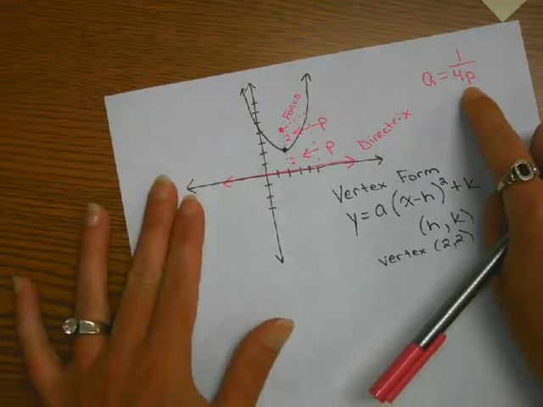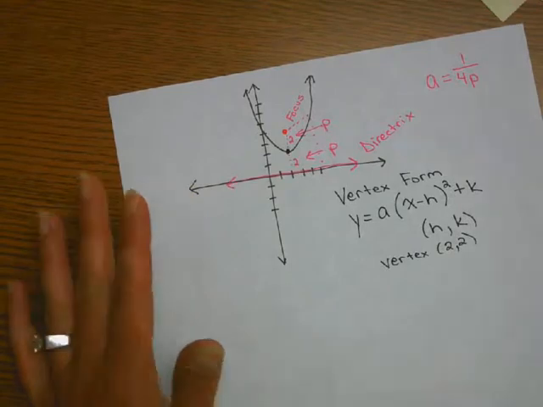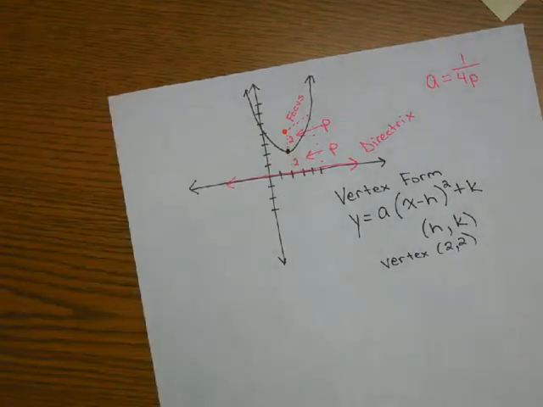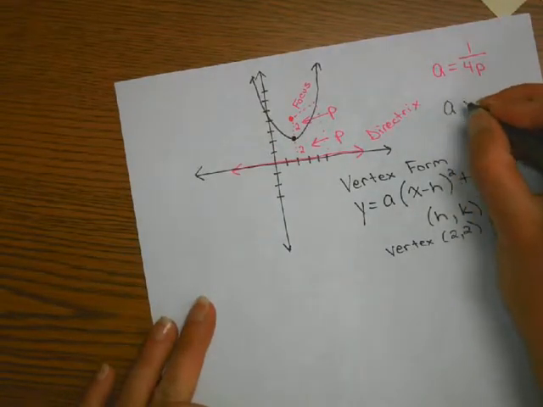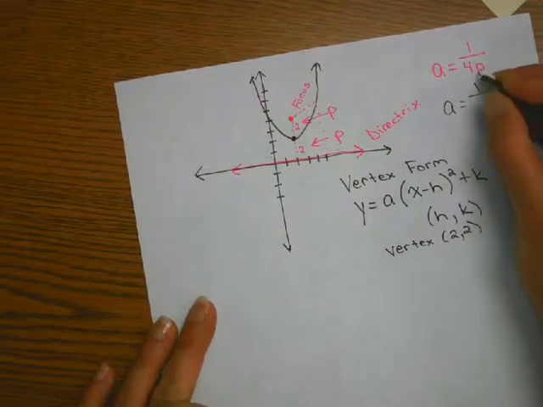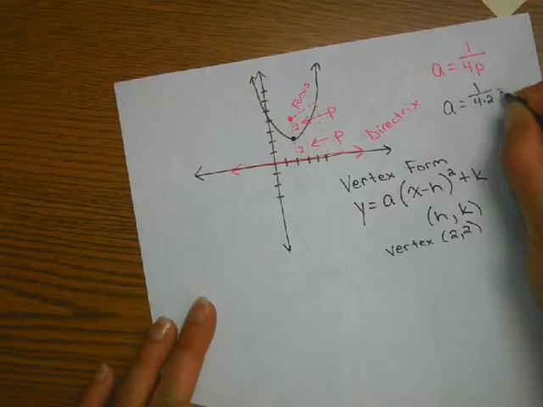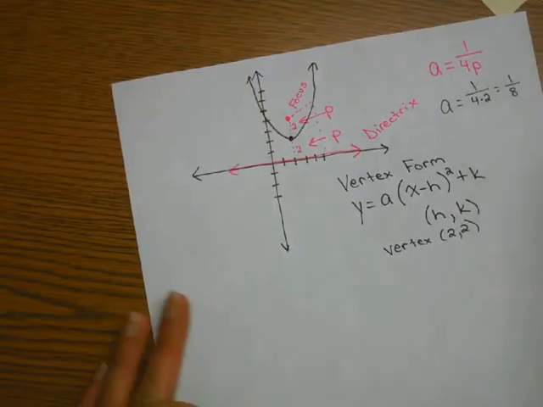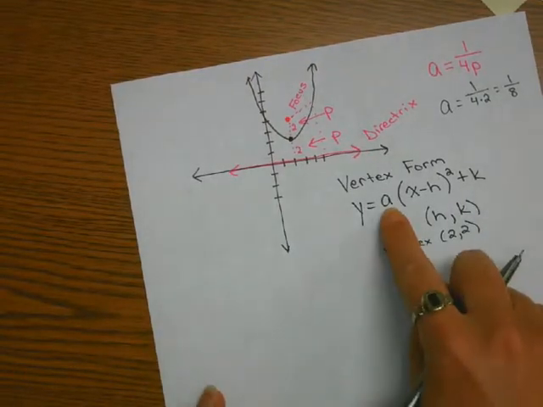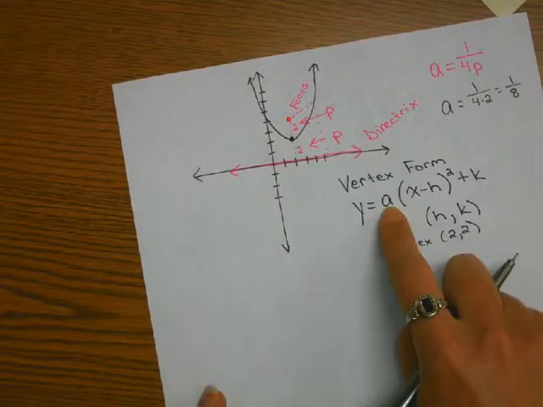So in our case, we have 2 as our distance. So A is going to be 1 over 4 times P. That's 1 over 8.